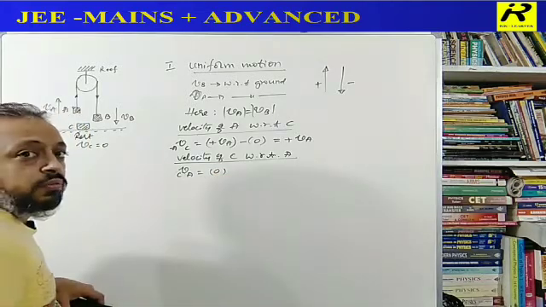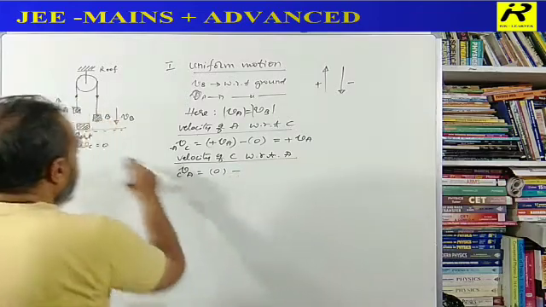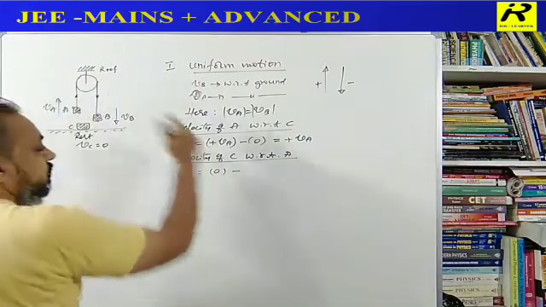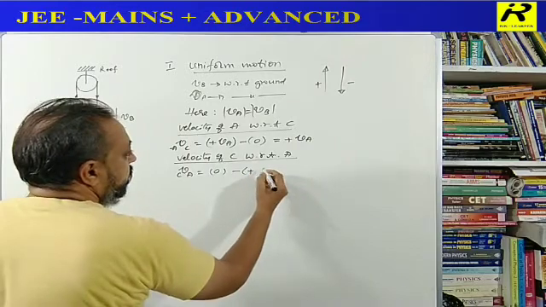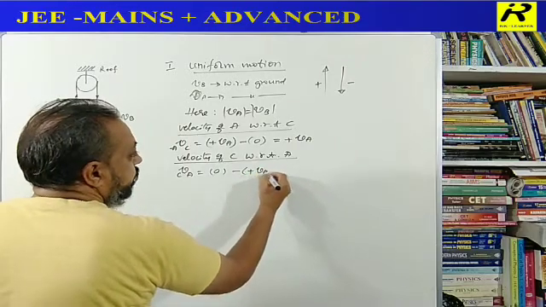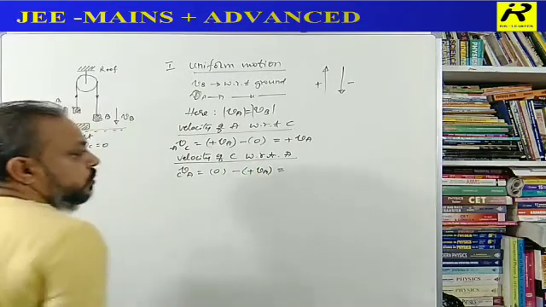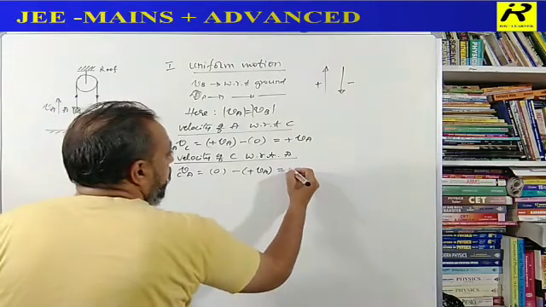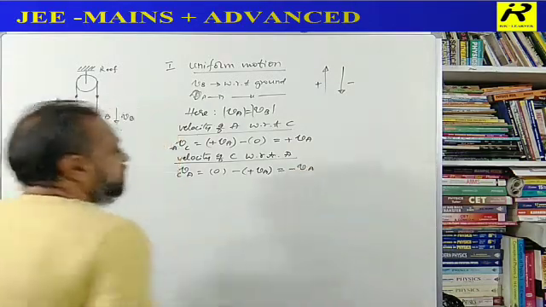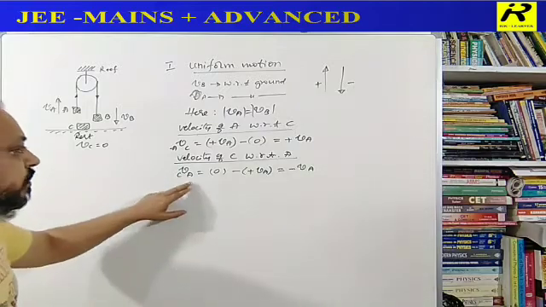Its value is 0 minus the velocity of A, which is upward, so it should be written plus Va. So that is equal to minus Va. This is the value of the velocity of C with respect to A.